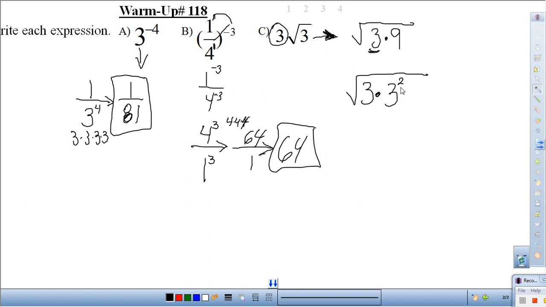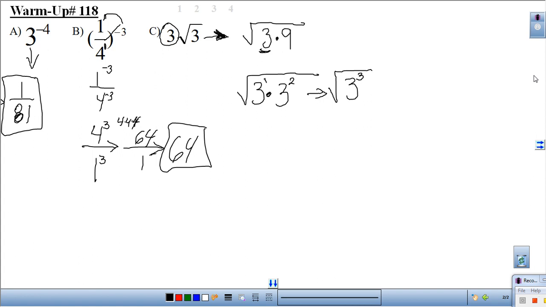Okay, so can we combine these now that they have the same base? Yes. What is the invisible exponent here? 1. So this is square root of 3, because they're the same base. And what happens to the exponents if we're multiplying? They add. So that's 3 to the 3rd.